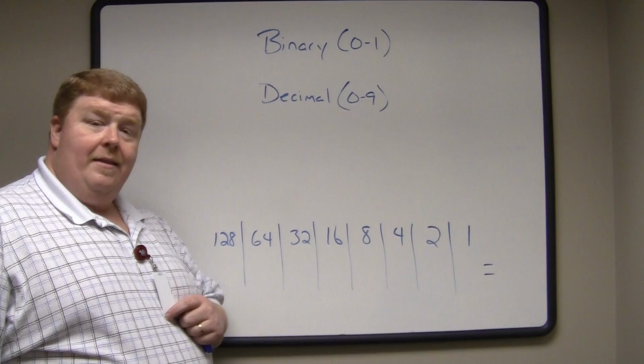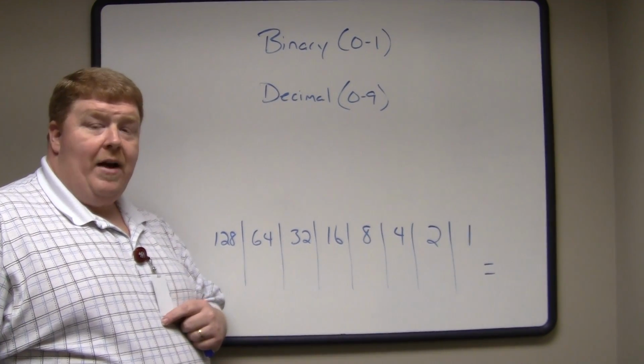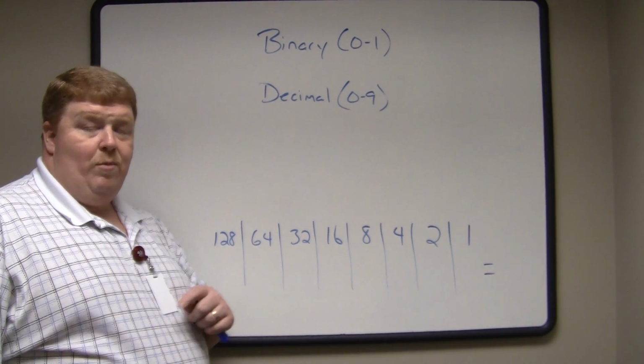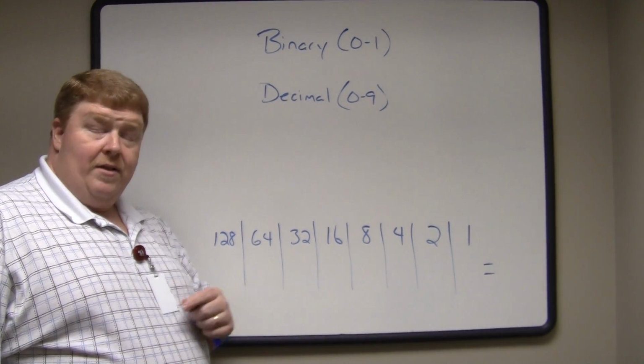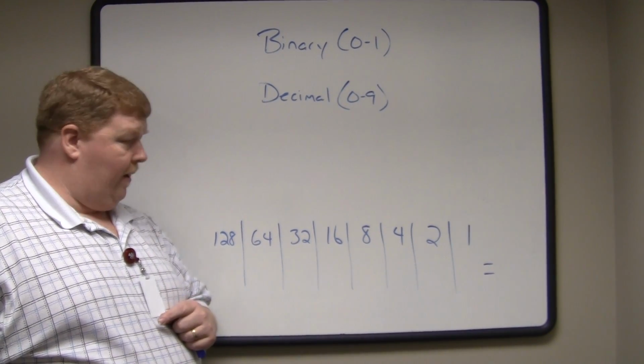It is a very easy thing to do. In fact, in about 5 or 10 minutes, I'm going to have you converting from binary to decimal and back again, because it is a very simple process, but a very important one, I might add.